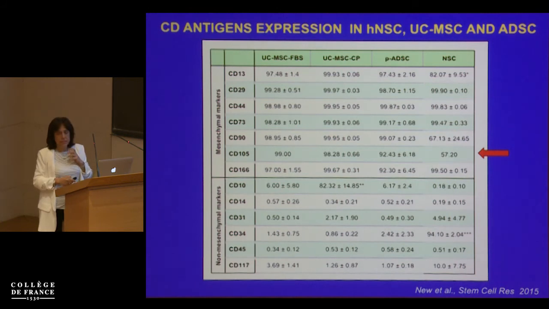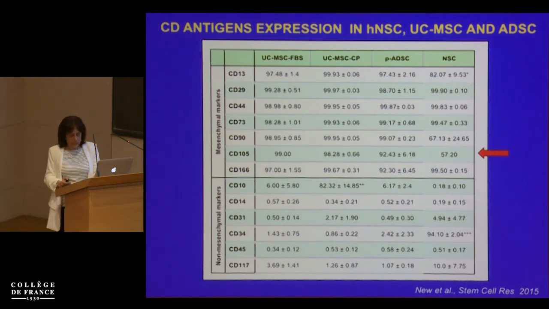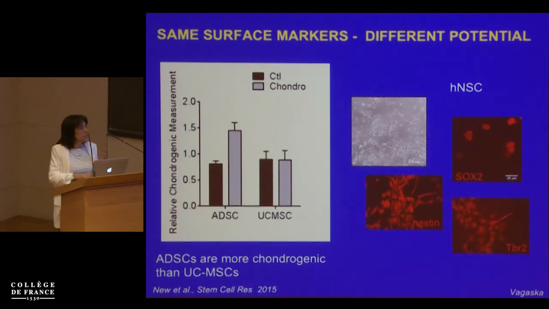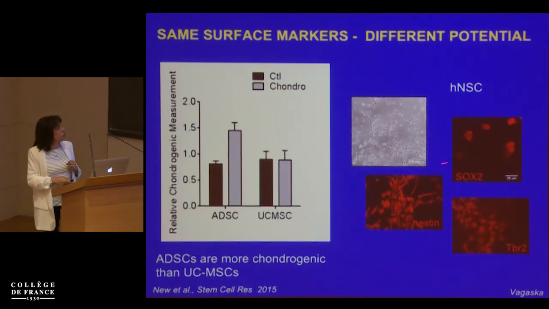So we're expecting really a very different profile. But if you look at this profile, with the exception possibly of CD15 and endoglin, they express all the same markers. So if you just stay with the facts, you could say that the neural stem cells are mesenchymal cells. And obviously they are not, because they express a completely different range of genes.